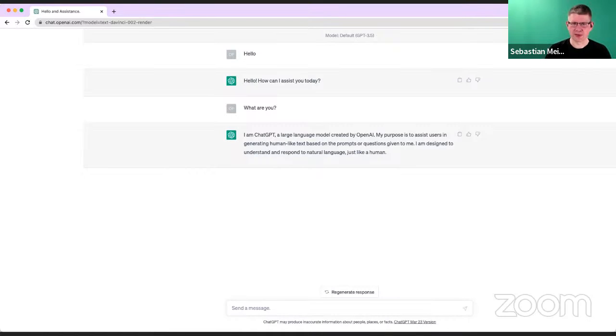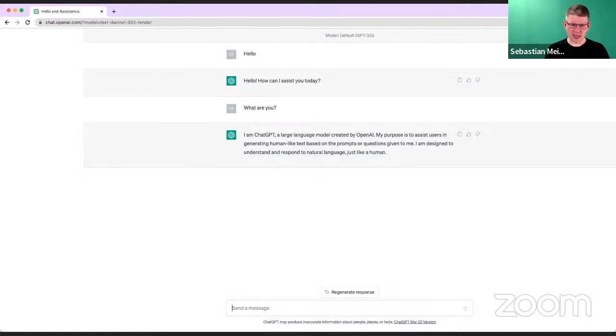Tokens are partial words, on average 3/4 of a word. So if you take a bunch of these tokens and string them together, the large language model tells us which token is the most likely to come next.